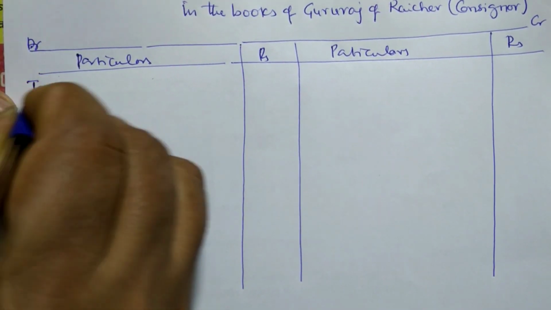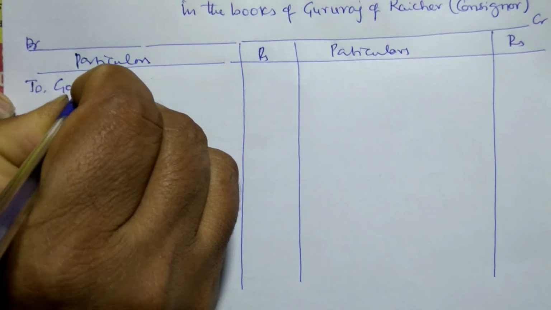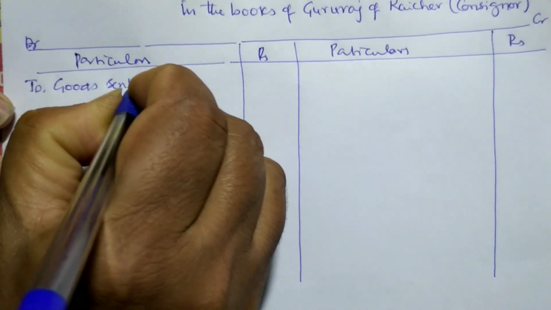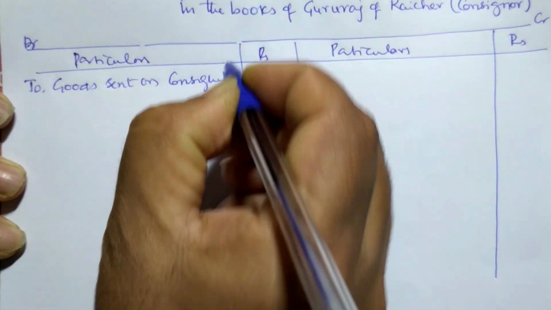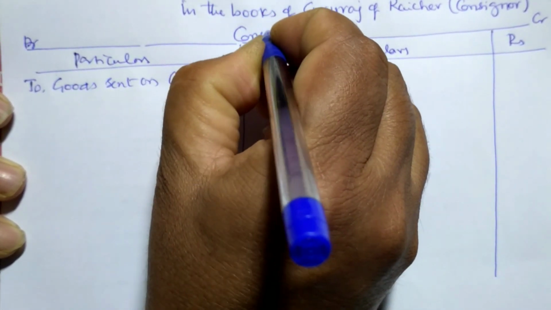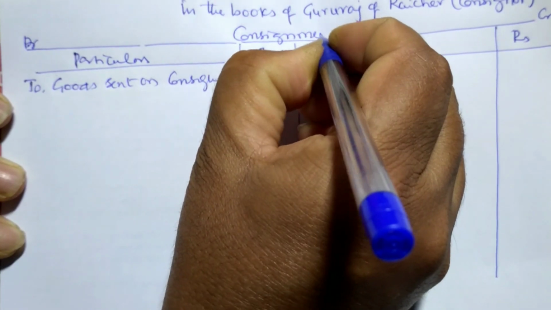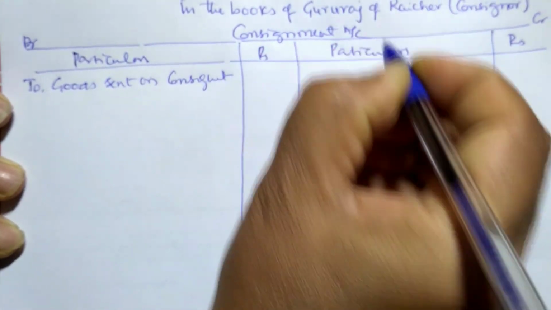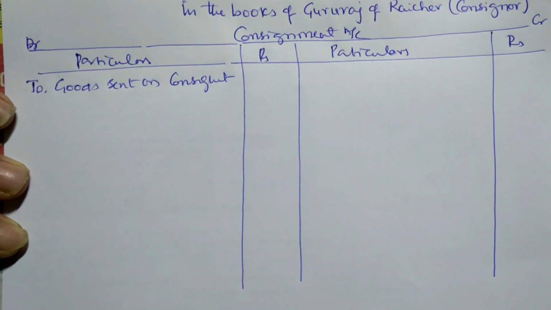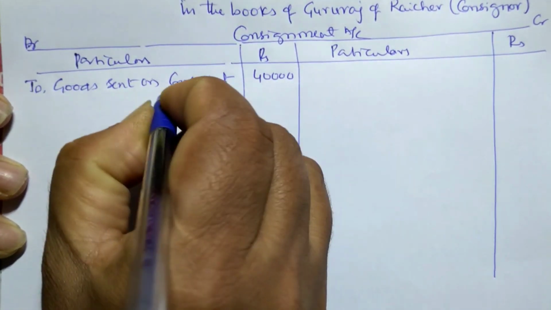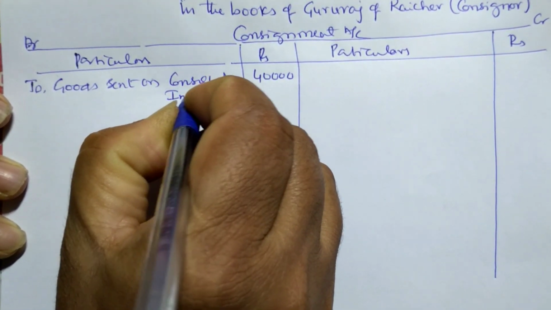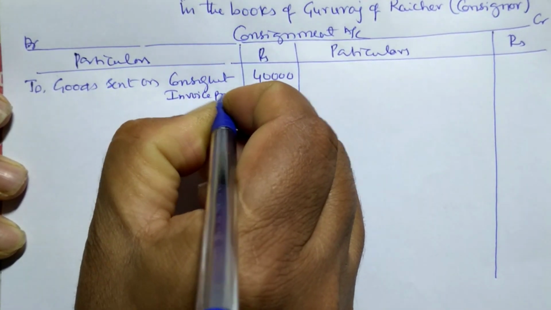The first item is goods sent on consignment. The total goods sent by the consignor is rupees 40,000. This is invoice price. This is very important.